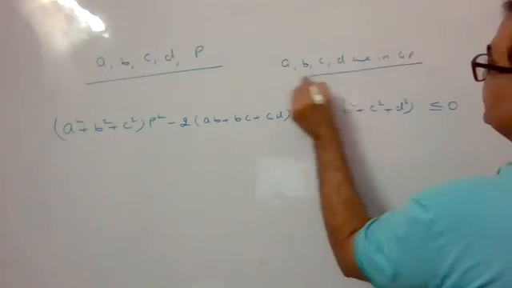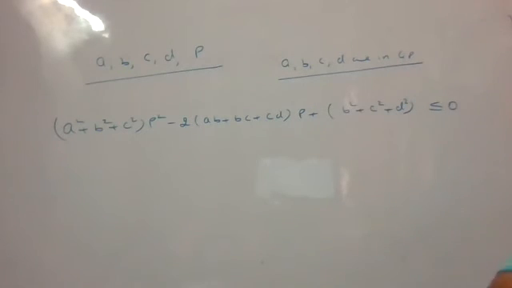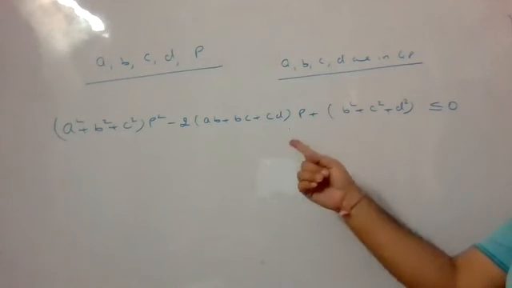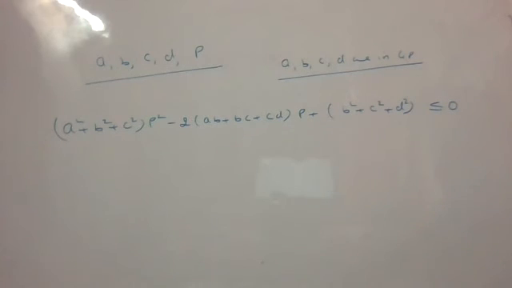We have to prove this. This condition is given as less than or equal to 0. My question is to prove that A, B, C, D are in GP.